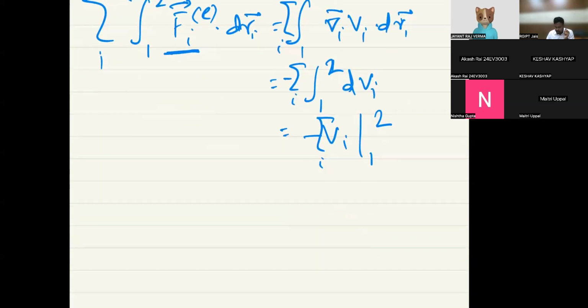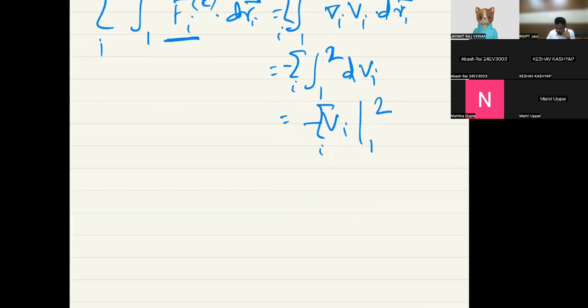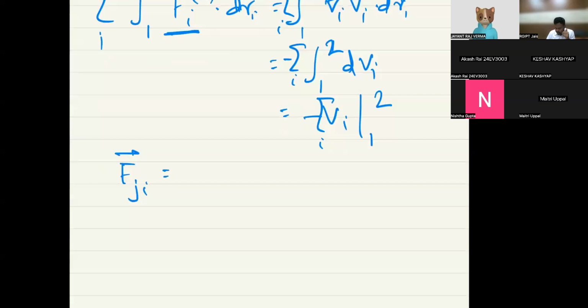And you can similarly do the second term. We are not going to do it; you can try it. For the second term also, you can write F_ji as the gradient of some function, gradient of i of V_ij. We also know that F_ij should be equal to minus F_ji because of Newton's law: if the jth particle is exerting some force on the ith particle, then the ith particle will also exert the same and equal force on the jth particle.